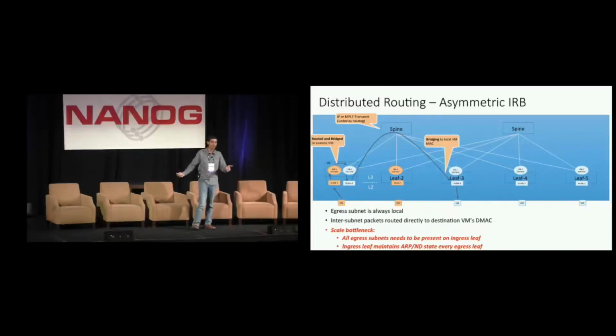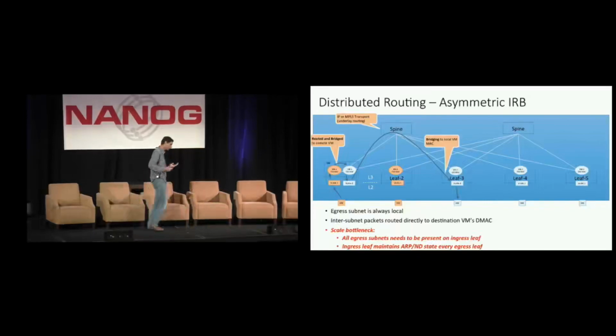So it is routed there and then forwarded, or IRB forwarded via a MAC lookup, towards the egress leaf. And then on the egress leaf, it is simply bridged based on the MAC lookup towards the destination VM, because the packet is already encapsulated with the destination VM's MAC.